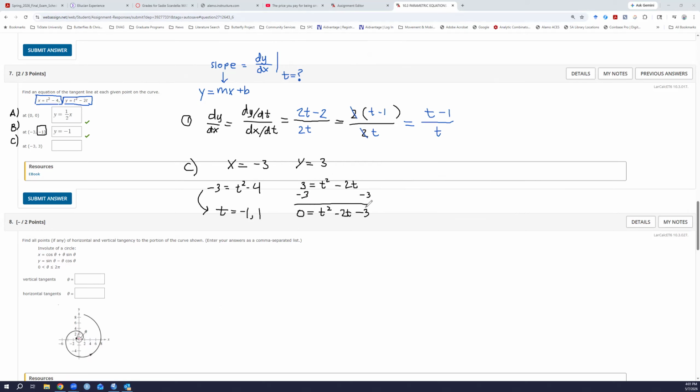And so we're looking for the factors of -3 that will add to give us -2. Well, the only factors of 3 are 1 and 3. And in order to get a -2, we need to have a -3. So this is going to factor into t minus 3 and t plus 1.